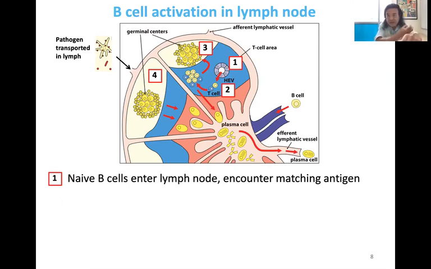So a lot of the antigens being drained by the lymph system in the tissue, in that sewage wastewater, is all kinds of evidence that there is an infection going on. Bits and pieces of antigen carried by things like dendritic cells, bits and pieces that are just floating, or maybe complete bacteria itself are all coming in here.